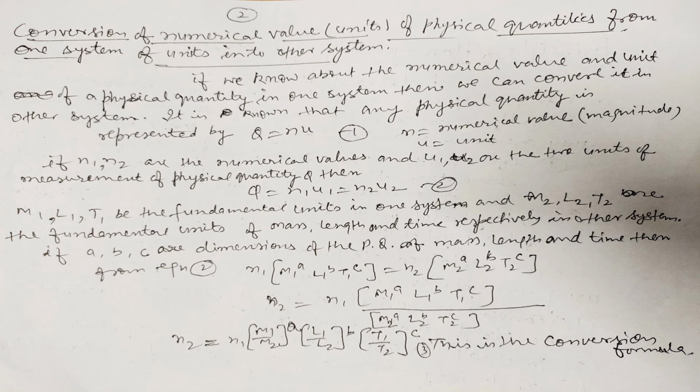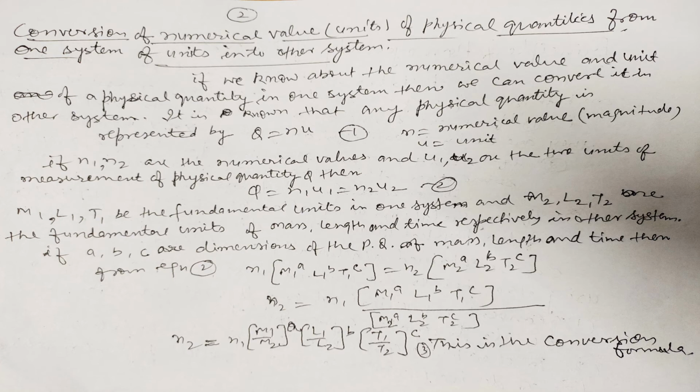We can also write this as N2 is equal to N1 into (M1 upon M2) to the power a, (L1 upon L2) to the power b, (T1 upon T2) to the power c. Here a, b, c are the dimensions of M, L and T, and this is the conversion formula to convert the numerical value of the physical quantity.